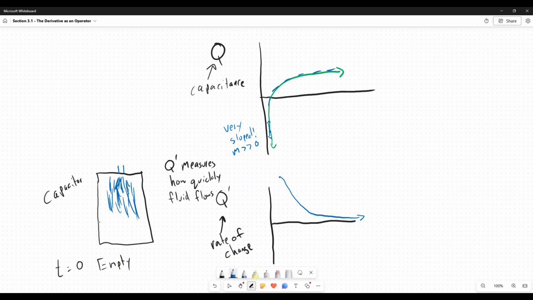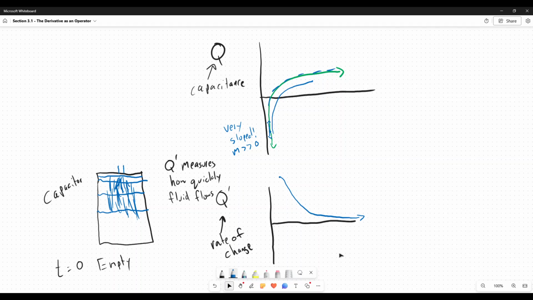Then it starts to fill up. There's still plenty of room here. Starts to fill up. As it starts to fill up, it's harder and harder for me to put more water in it because the water is going to have to fight the water that's already in it. So even as I fill it up more and more, it's increasing, but the rate of change is that it's slowing down in its increase.